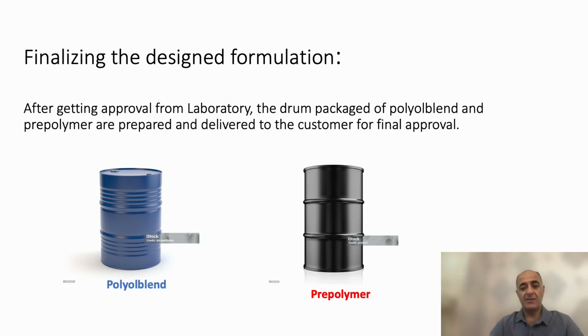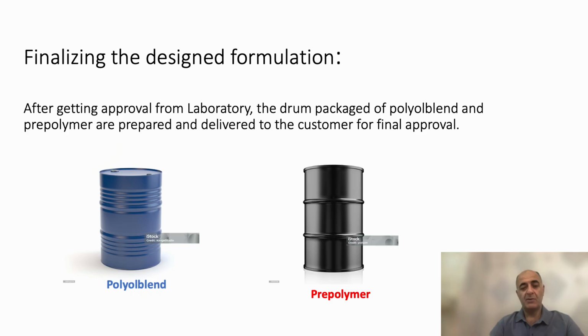So if these three steps have been passed, the R&D people or the expert talk to the production people and give the recipe of both polyol blend and prepolymer to them, and the production people prepare these two samples, for example 1 drum of each.